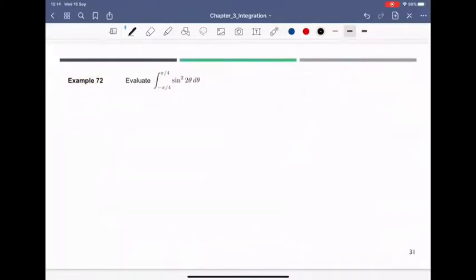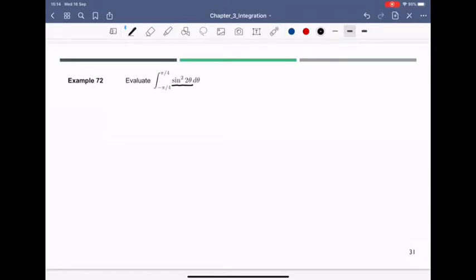This one is the trick again with sine square. I told you before that when you see sine square, you have no choice. The only choice that you have for sine square and cosine square is using an identity.